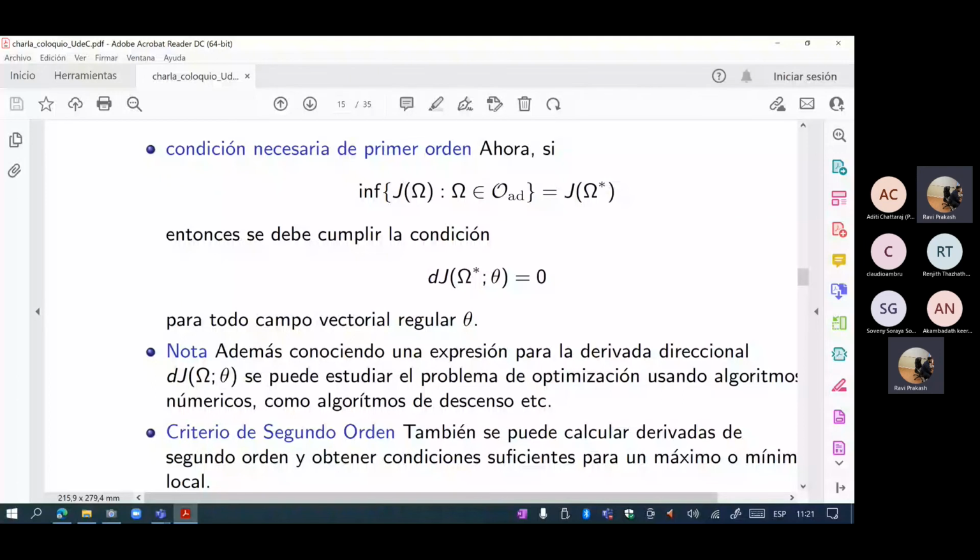So at least you can give numerical algorithms to find a local minimizer. If you start from an initial shape, you can apply a gradient method like Newton's method and iteratively calculate updates of the shape, and it may converge to some interesting shape which solves the problem locally at least. So obviously it's a defect: it doesn't give you a global solution. That has to be made clear. And it's very costly.